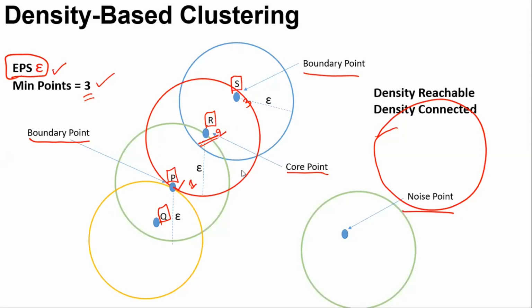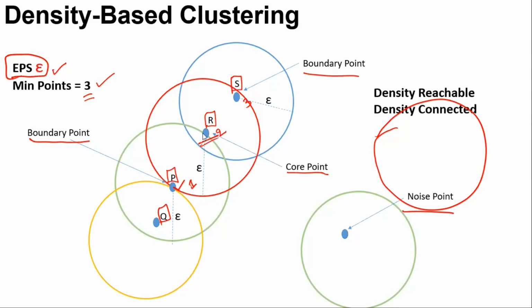When you have 3 different points, what is the condition being satisfied? The minimum points condition, which is 3. So first of all, epsilon is the radius value, and the region has greater than or equal to the minimum number of points. These are two conditions: epsilon is the distance, and the number of points in this region is more than or equal to minimum points.